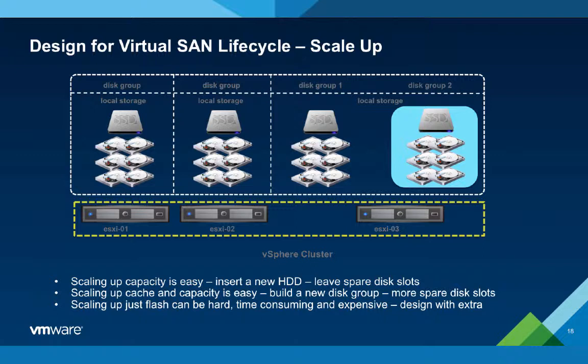But let's say we start with that 3, and the idea is simply that all we're going to do is just scale up. Now, this is relatively easy to do, but it's not necessarily the most consequence-free and not necessarily the most beneficial when you're looking at the cluster and the infrastructure as a whole.